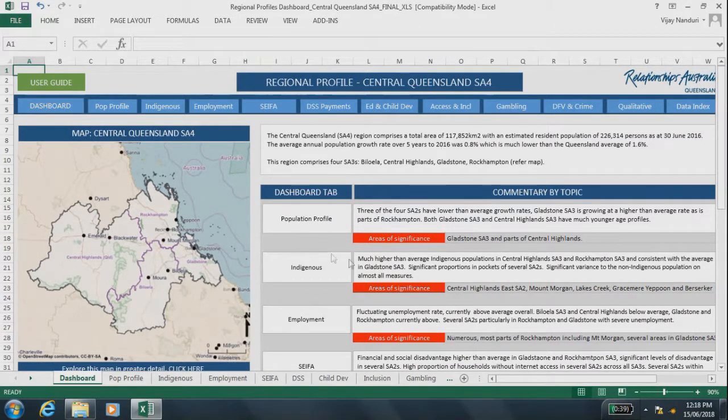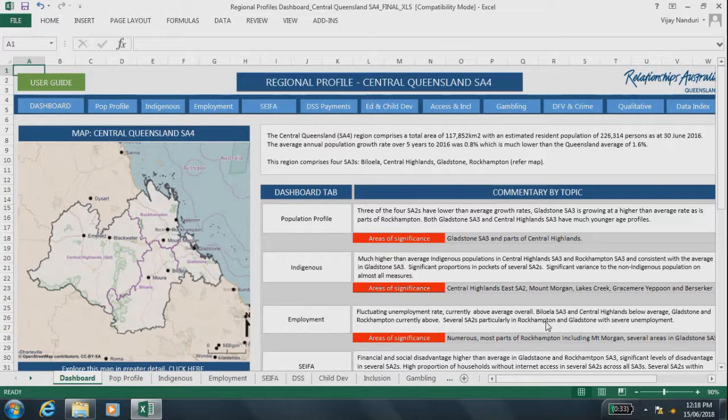The front page or dashboard page provides a general overview of the region. It includes a map of the SA4 boundary and the SA3s within. There is also a link to the Australian Bureau of Statistics interactive map if users would like to zoom in and view the area in greater detail.